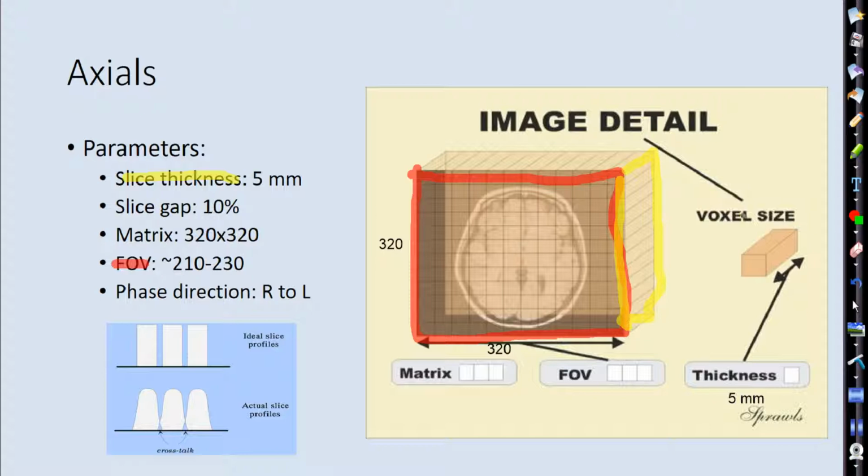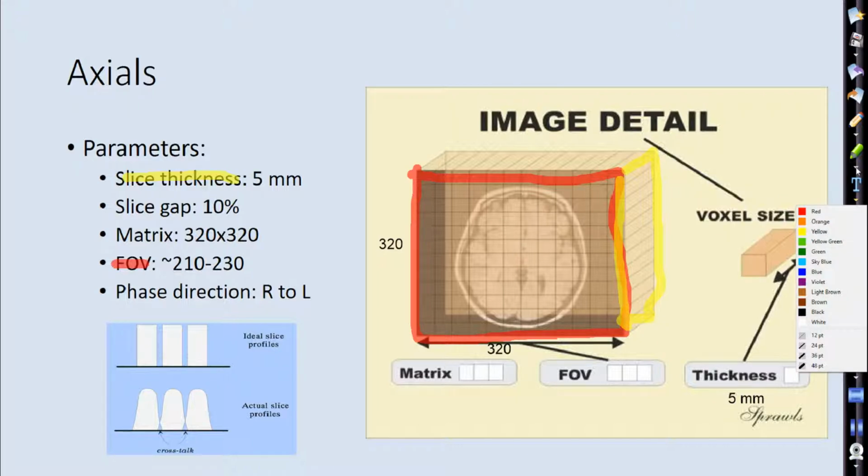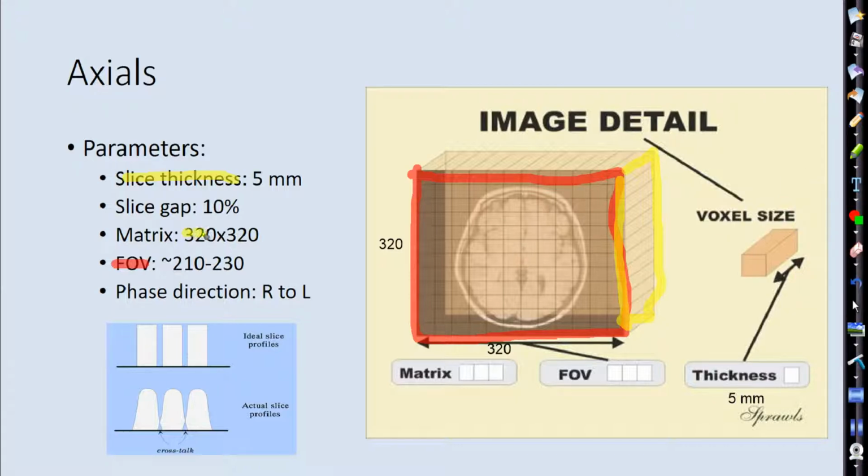And the reason we have this 10% slice gap, right here, is because of this right here. This is what we call crosstalk or cross-excitation, where this is what we would want, ideally, where our slices are perfectly squared off.